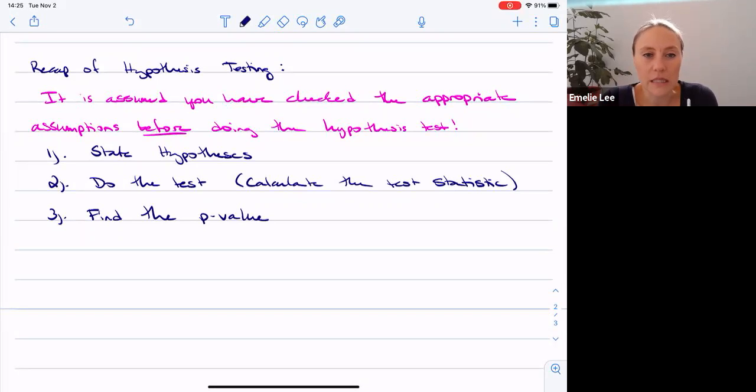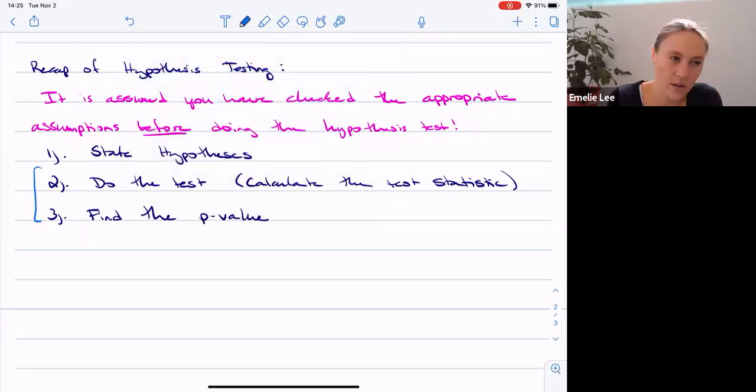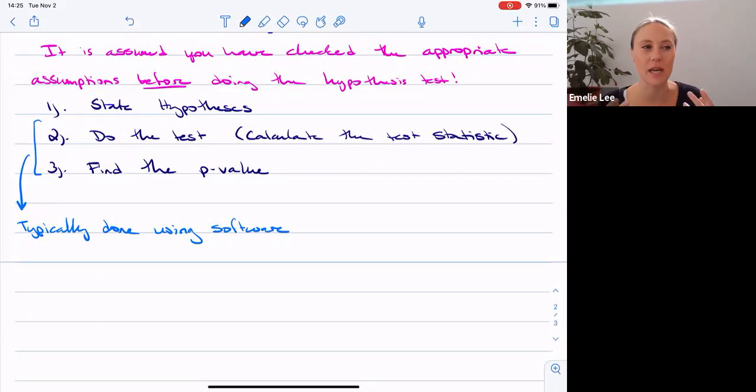So typically, these two steps are done using software. Now we teach you how to do it by hand, right? Because it's important that you understand what you're telling your computer to do, but we're not going to calculate these things by hand, right? That's insane.